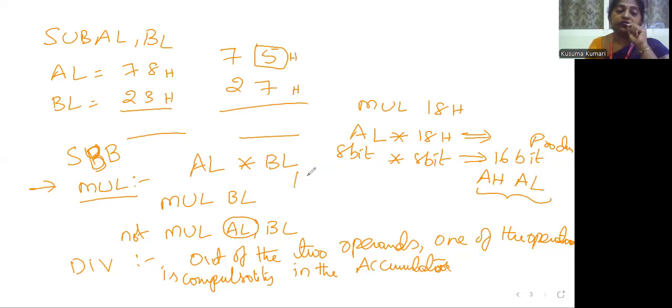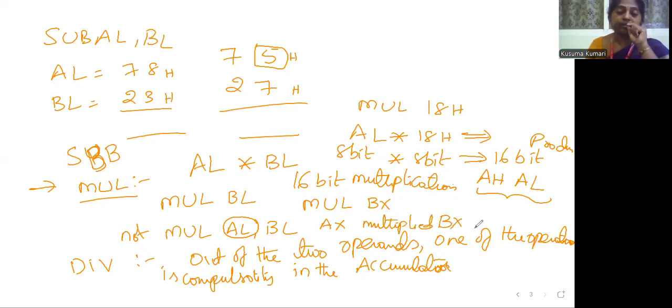Suppose we go for the 16-bit multiplication, for example MUL BX. Then it computes AX multiplied by BX. 16-bit into 16-bit means the result is 32-bit.